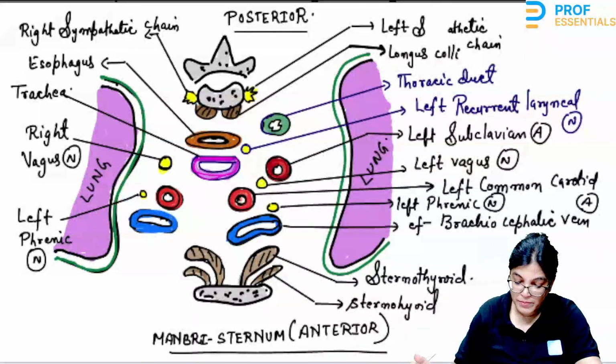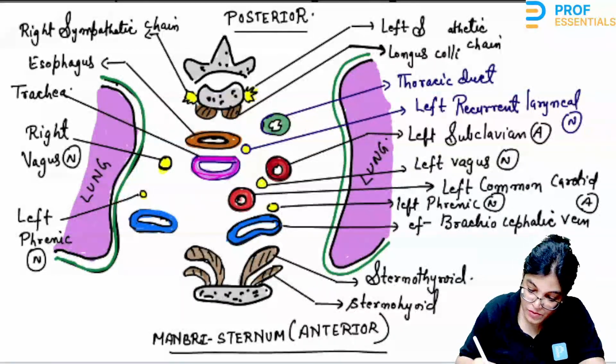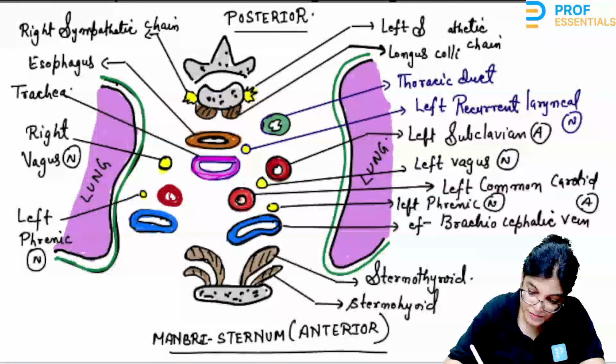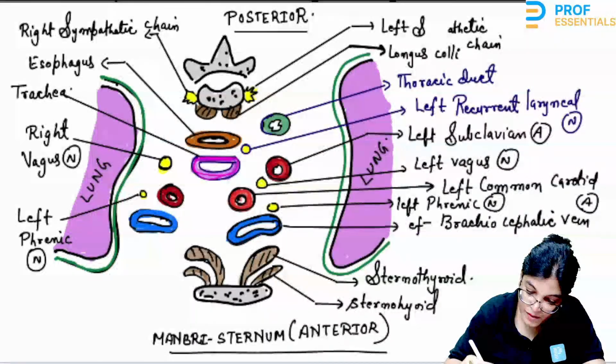What is remaining is the brachiocephalic trunk. This is the brachiocephalic trunk, BT. Okay, why has it gone? Why was it rubbed?